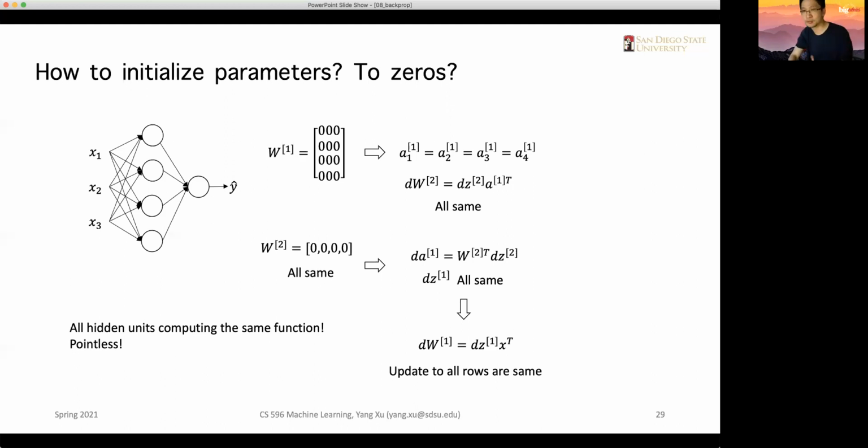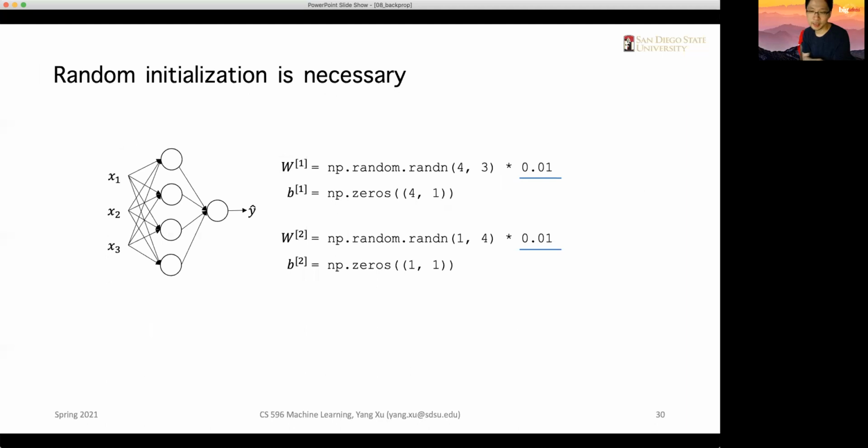So we want randomness in the parameters. A common way is to set the parameters to random numbers drawn from a normal distribution, and to make them really small values. In NumPy, for example, we can use a 4x3 NumPy array randomly drawn from a normal distribution, and then multiply by some constant.